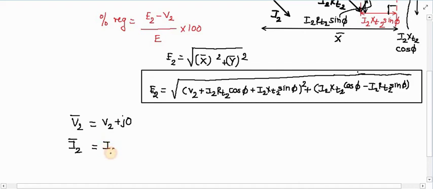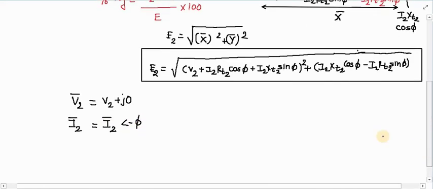So in polar form I can write this I2 as I2 at an angle of minus phi. Minus indicates that this I2 is lagging the reference vector V2 by angle phi. In rectangular form, I can write this as I2 into cos of phi minus j sine of phi.